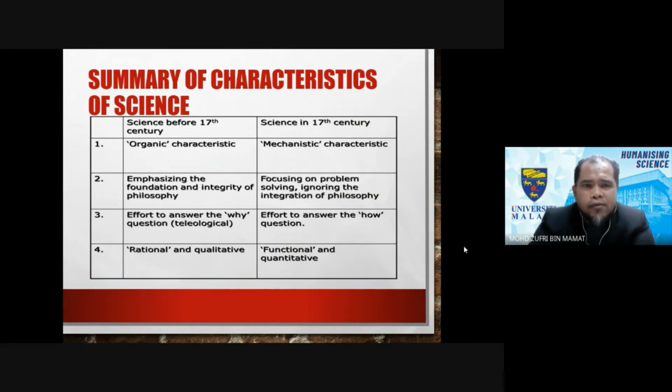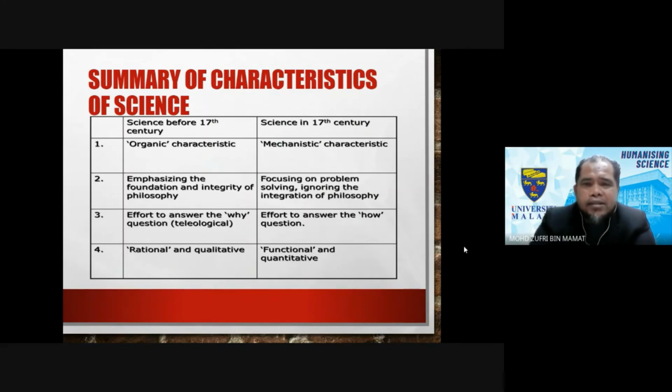Science before the 17th century had a more organic characteristic, related to religion and philosophy, emphasizing the foundation and integrity of philosophy, an effort to answer the why question. This refers to the teleological question, and the last one, rational and qualitative.